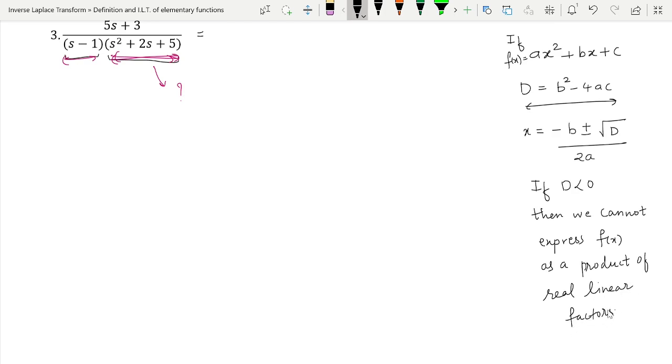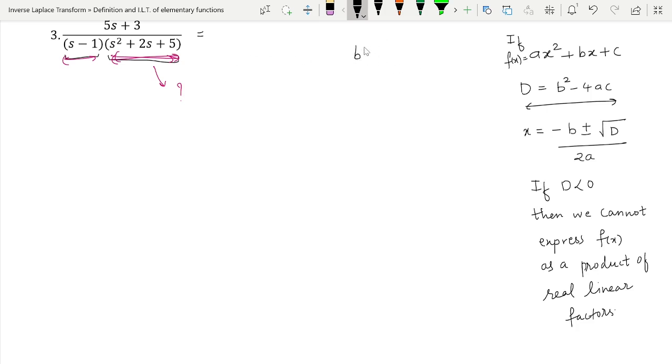So let us check whether in this case our b square minus 4ac is greater than 0 or less than 0. If it is greater than 0, then no issues, we can express this as a product of linear factors. Let us find it out.